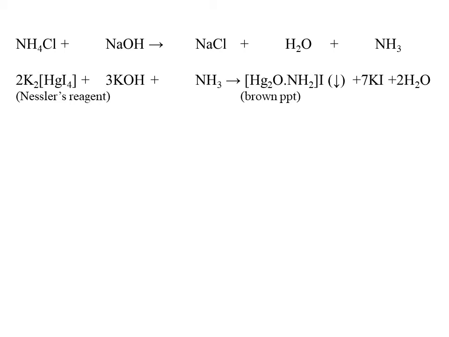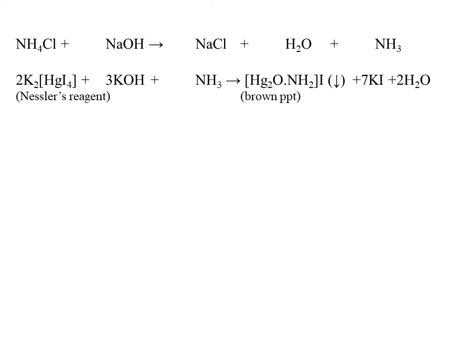So ammonia gas evolution is taking place, and then there's a reaction with Nessler's reagent, K2HgI4. You are very much familiar with this formula from class 10, the chapter on ammonia.